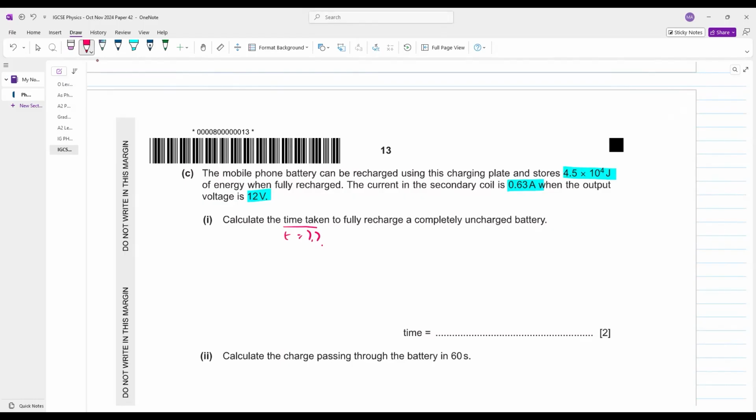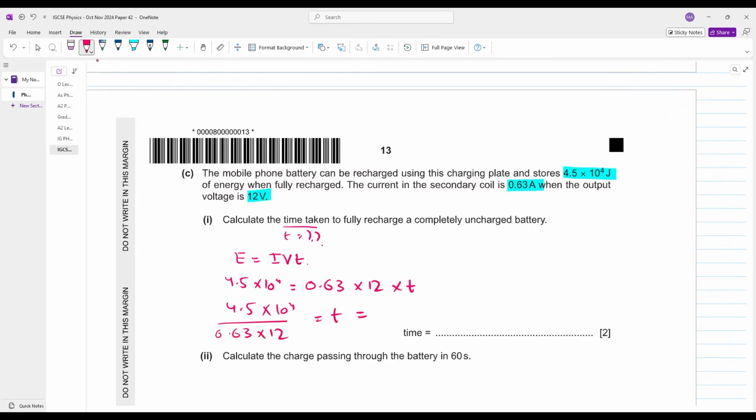How will you do that? We know energy is equal to current times voltage times time. Energy is 4.5 × 10^4. The current is 0.63. The voltage is 12. So time is 4.5 × 10^4 divided by 0.63 × 12.